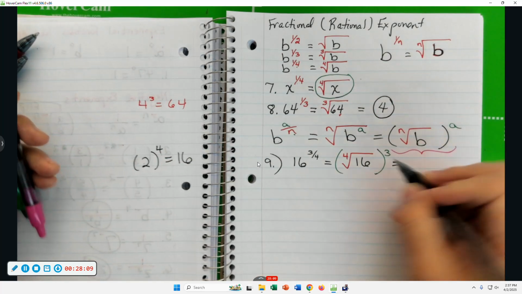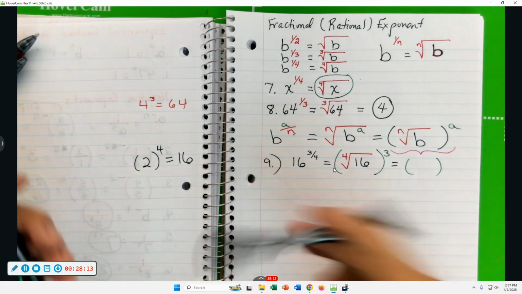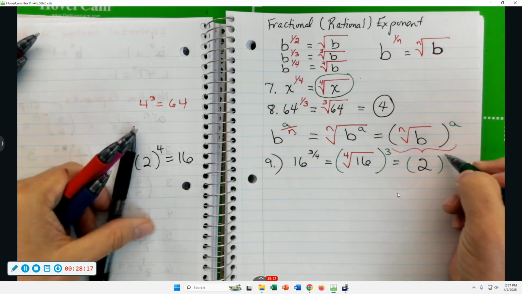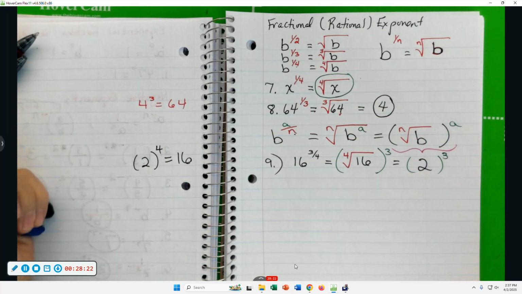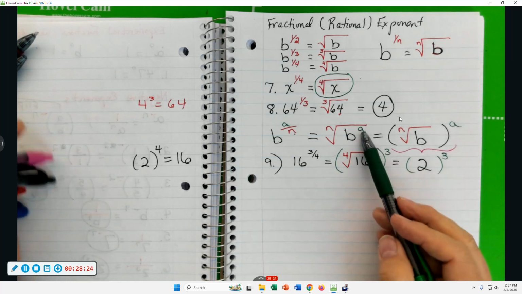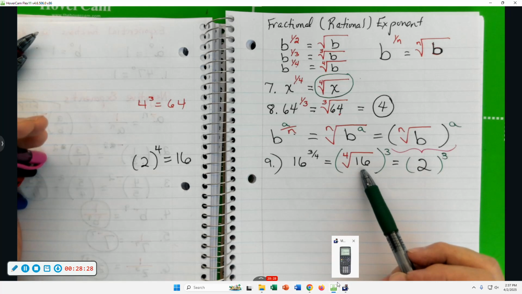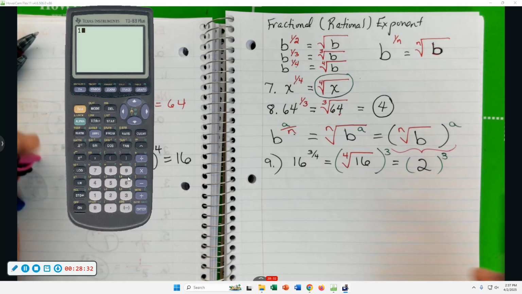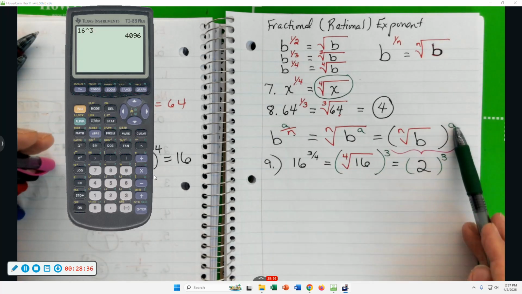So we have a 2, and on the outside we have a power of 3. Notice we were able to do all this with small numbers. If you'd stuck that 3 underneath there, 16 cubed, that would not have been a small number, and then you would have needed the 4th root of that. So my advice, stick the numerator power outside.